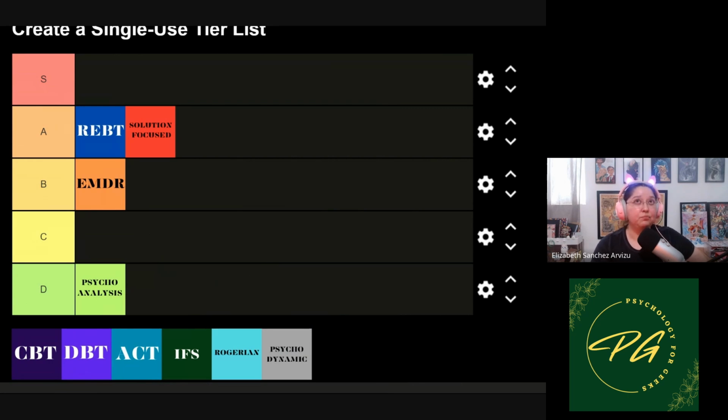But it would not necessarily work for everything, because with kiddos, for example, it would be kind of useless.